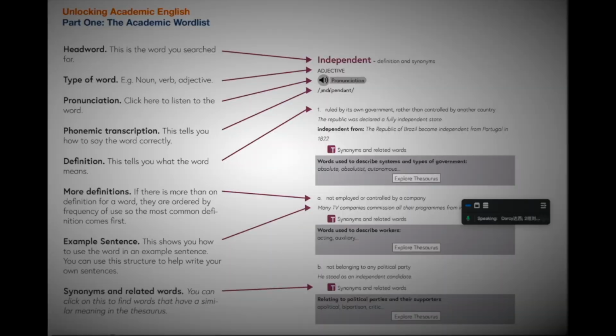Starting with 800 and then going to 3500, right? So level 1 is 800 and level 2 is 3500. Okay, great. So this book kind of just guides you through it then, right? That's a smart way to go about it.